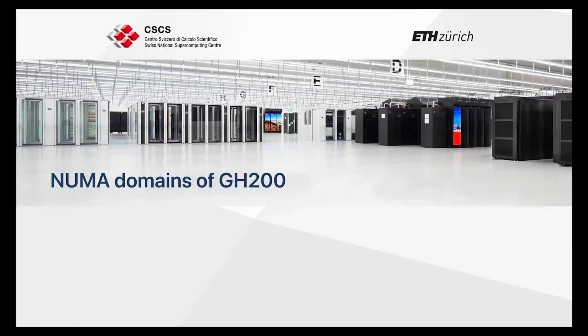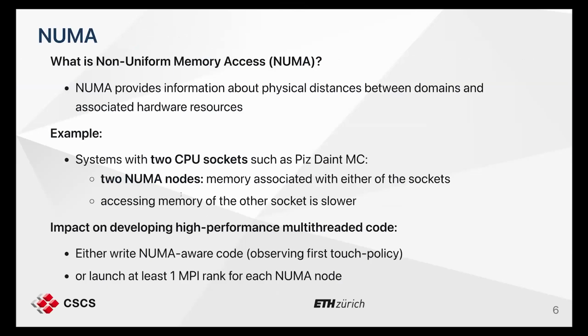Let's jump to the NUMA domains. Understanding NUMA domains is critical for GH200 performance. NUMA stands for non-uniform memory access, and it means that memory access time depends on the location relative to the processor that you are working with. You should be familiar with our old Piz Daint MC partition, a system with 2 CPU sockets, where accessing memory of the other socket is slower.